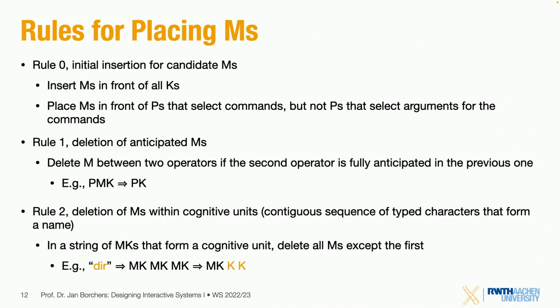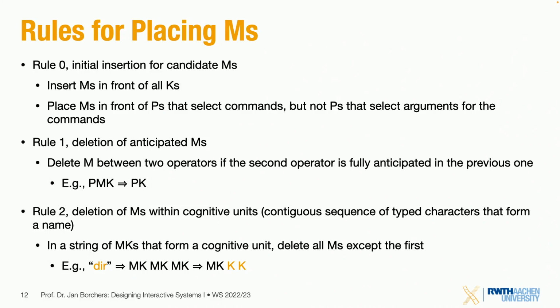Next rule, we throw away more M's within what's called cognitive units, so contiguous sequences of typed characters that form a name. In the example I gave earlier, when I type ls or dir to list the contents of my directory, I would still have mental operators in front of each letter.